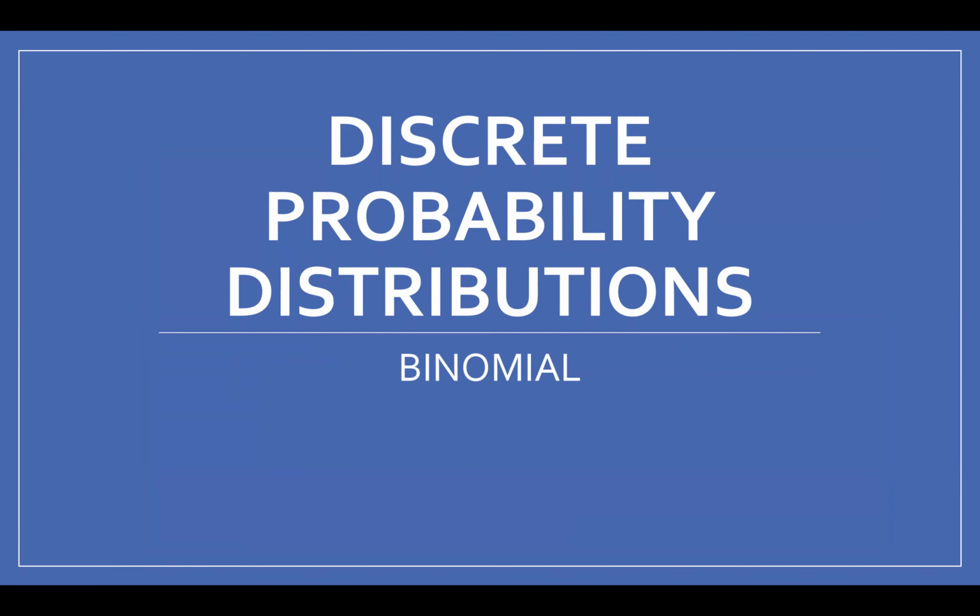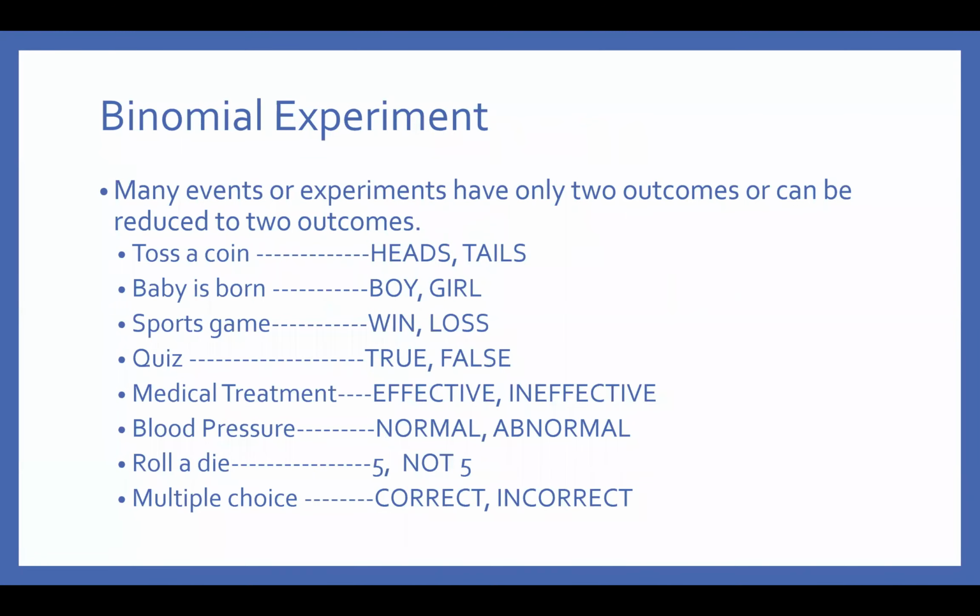If you think about the word binomial, the prefix bi means 2. And so a binomial experiment, which ultimately leads to a binomial probability distribution, has 2 outcomes. It's an event that has 2 outcomes, or we can reduce it or force it to have 2 outcomes.